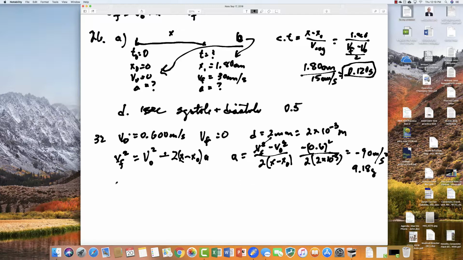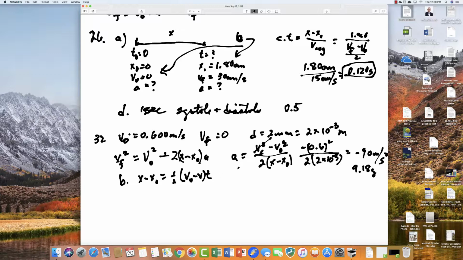Then B says that because of these ligaments, well, first of all, it asks you to calculate the stopping time. So x minus x0 is equal to 1/2 times (v0 plus v) times t. And so if you do that, this is the average velocity, and the time here.